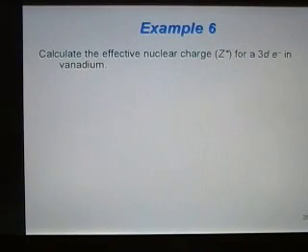Let's try this with another example where we're looking at the d electrons instead of an s or p electron. We want to calculate the effective nuclear charge for a 3d electron in vanadium.